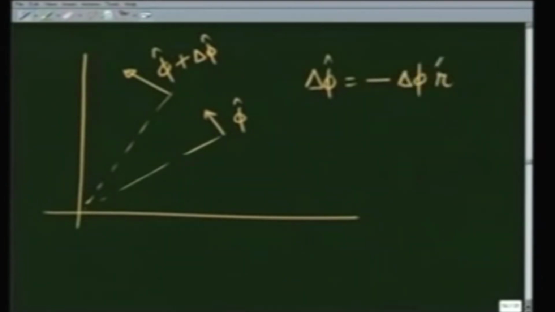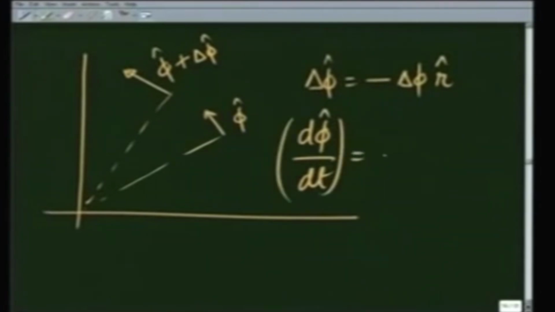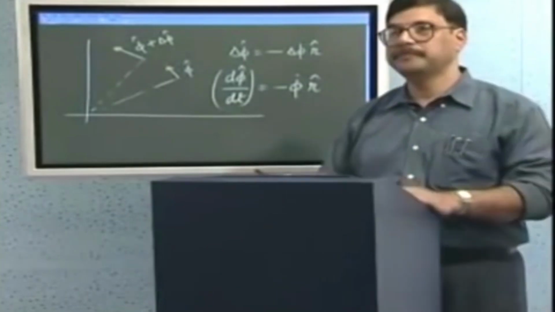After the particle moved, phi has become this. So, let me write this as phi plus delta phi, and delta phi comes out to be minus delta phi r unit vector, and therefore, d phi/dt is nothing but minus phi dot r.